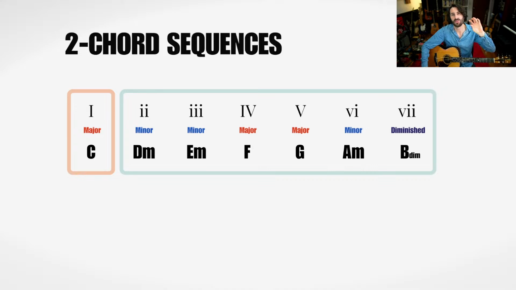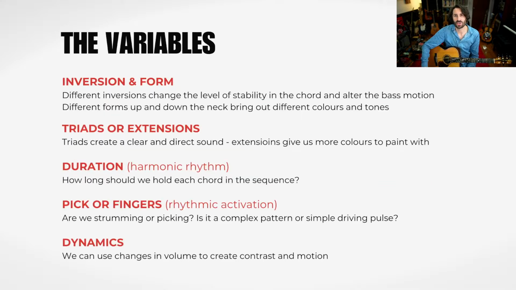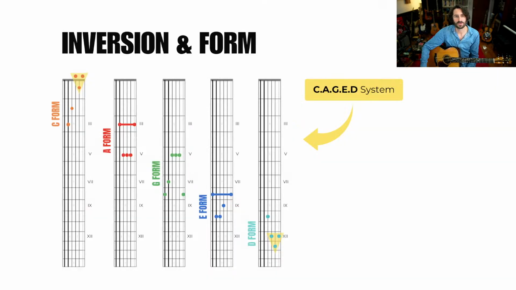And then the work of the guitarist, the work of anyone who writes on guitar or plays on guitar, it's this checklist here. And especially those inversions and forms, anyone who has been frustrated by only having one way to play a chord, the CAGE system, I've got another video on the channel breaking down the CAGE system if you're interested, but there's lots of different videos and resources around the CAGE system.